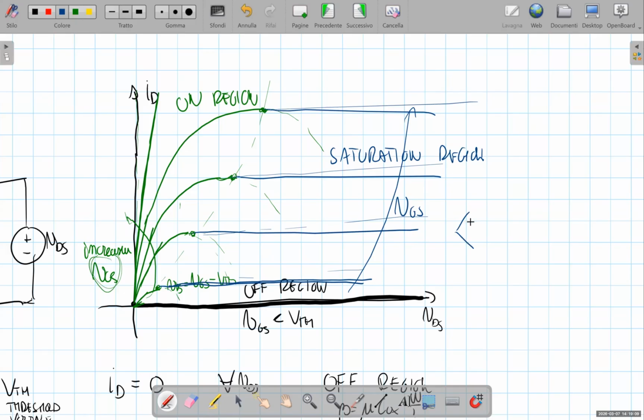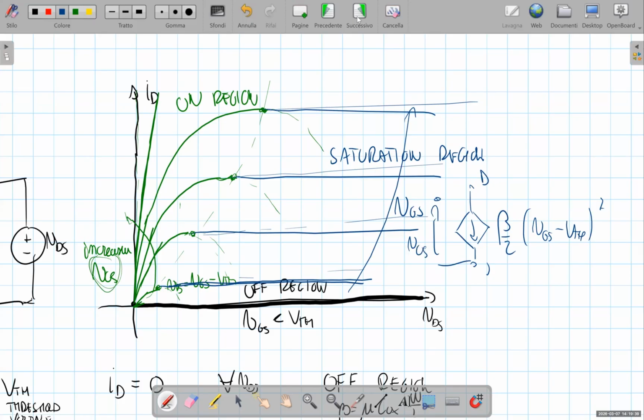Since the value of the current of this current source is related to the gate source voltage, actually this is a voltage controlled current source. It's not an independent current source, but it's like, between drain and source, a VGS controlled current source.